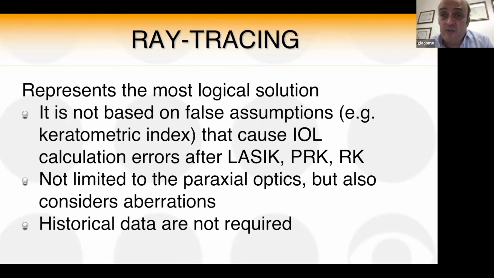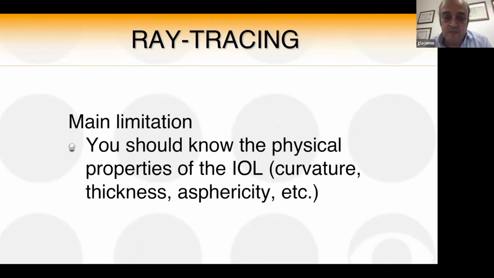This is a good advantage because you can use this software to calculate the power in eyes that underwent radial keratotomy, after LASIK, after any other surgical intervention. You don't care. You just do the calculations.